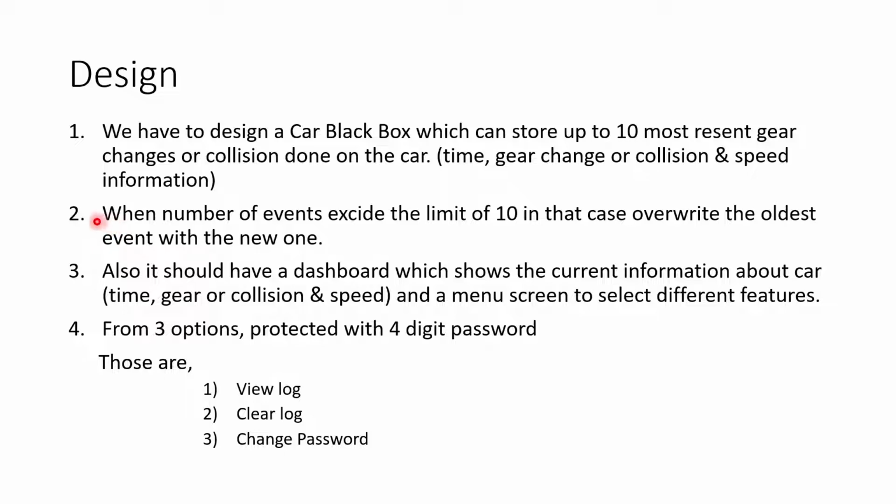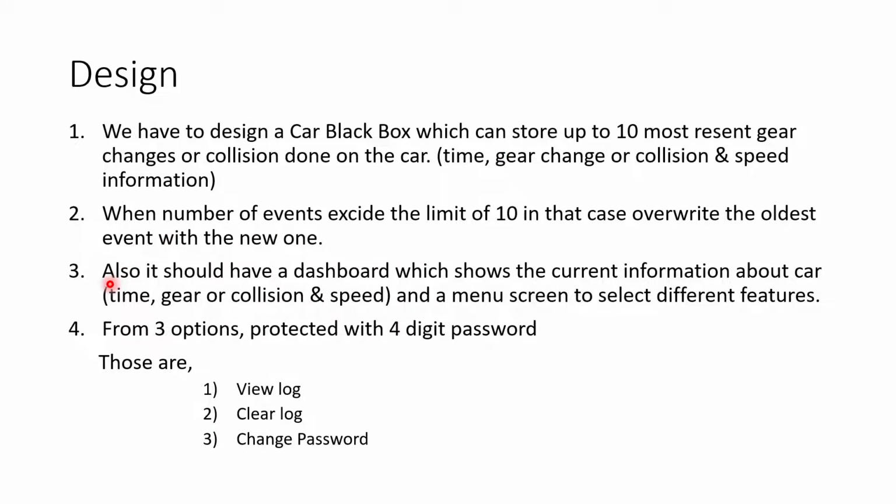Now see the second point. When the number of events exceeds the limit of 10, in that case override the oldest event with the new one. So if our events list goes beyond 10, the oldest one will get replaced with the new upcoming one. That's fine.